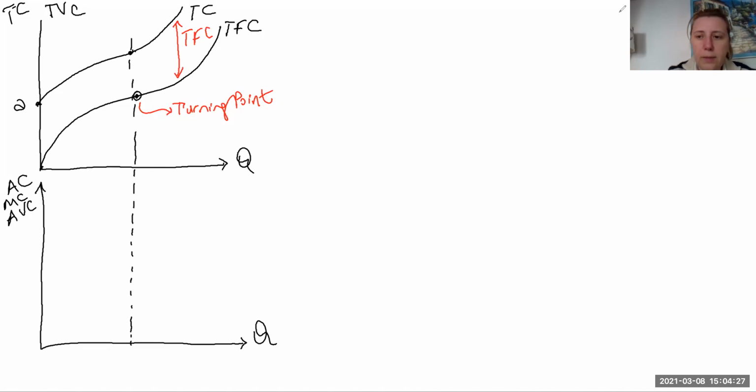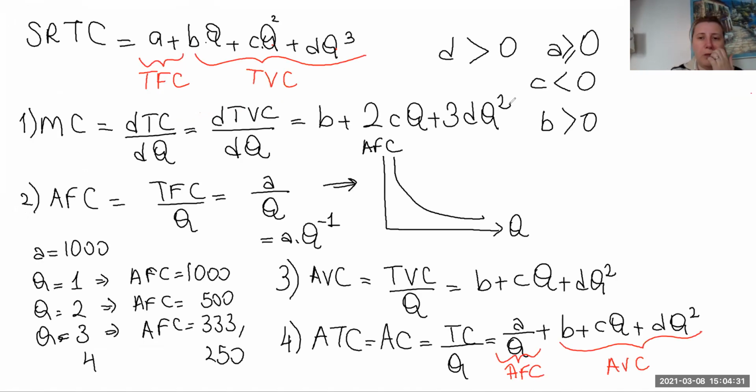We said that for a third degree total cost function, the marginal cost function will be second degree, 3DQ squared plus 2CQ plus B. So it will start from B. It means that if Q is 0, the marginal cost will be B.